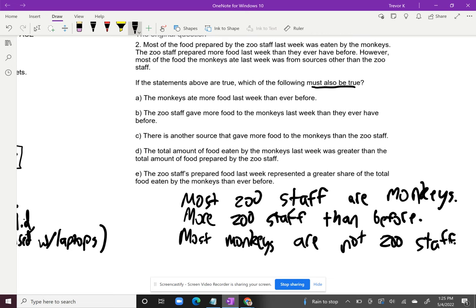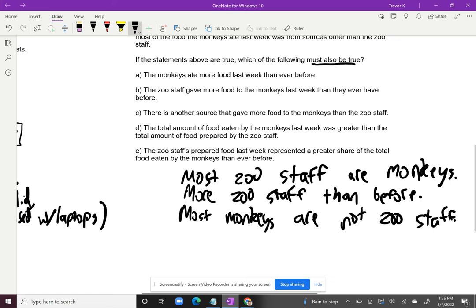All right, so this is my abbreviation for saying most of the food was eaten by the monkeys, but most of the food the monkeys ate was not from the zoo staff. There are more zoo staff than ever before. This is almost like a paradox. They're almost asking us to resolve a paradox here. How is it possible that most of the food the zoo staff prepared was eaten by the monkeys, but most of the food the monkeys ate was from sources other than the zoo staff?